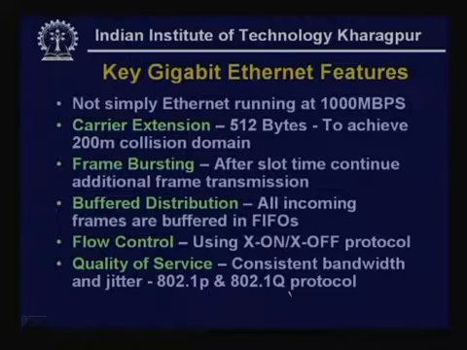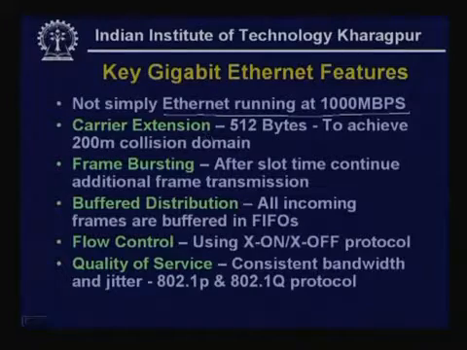Now, these are the key features of gigabit Ethernet. It is not simply Ethernet running at 1000 megabits per second. It is not just an extension of speed, it has added many more features. First of all, it has carrier extension, as I mentioned. Although it uses 64 bytes of minimum packet size, that is not enough for detecting collision when you are transmitting at the rate of 1 gigabit per second.